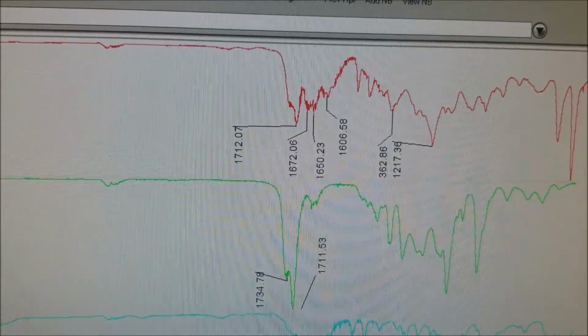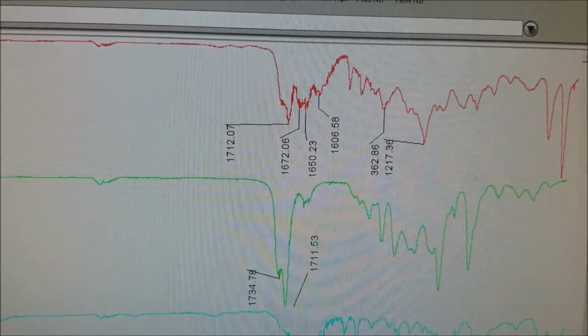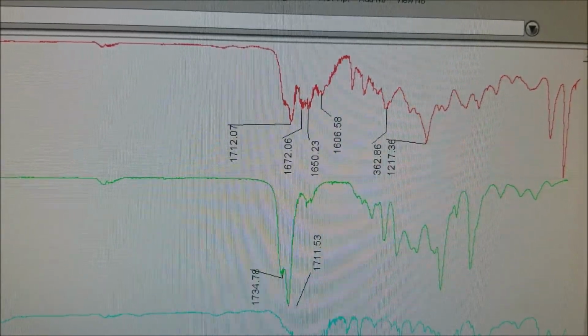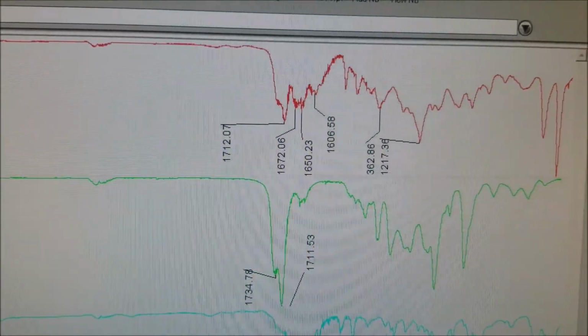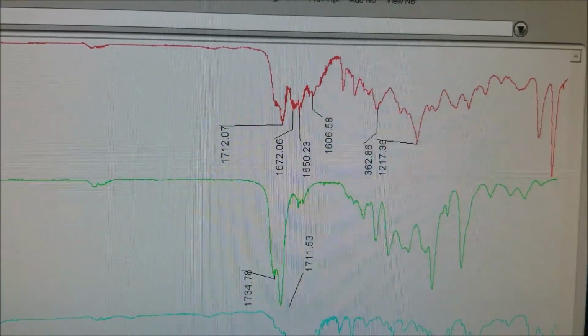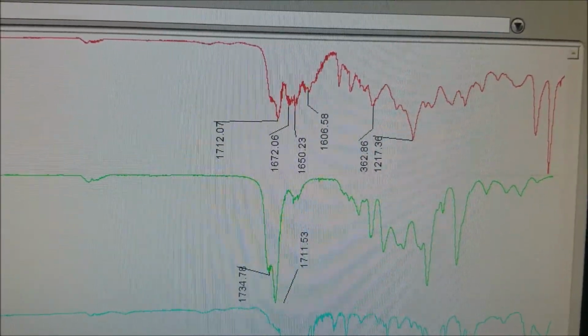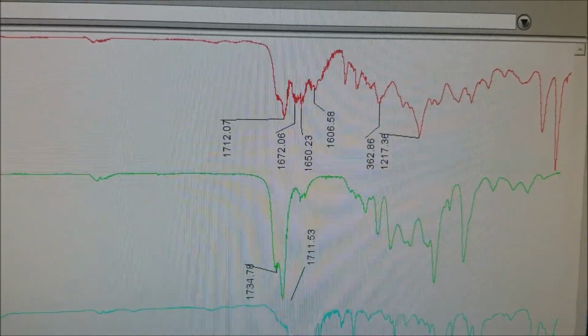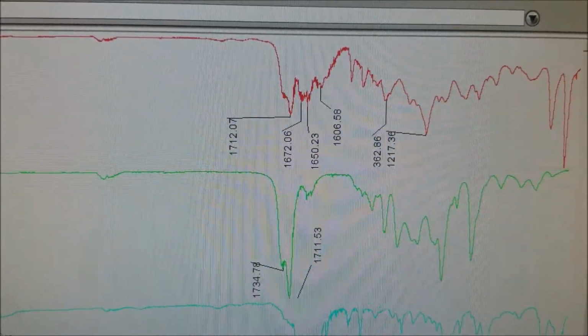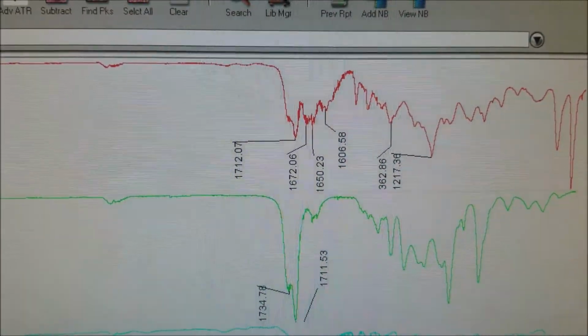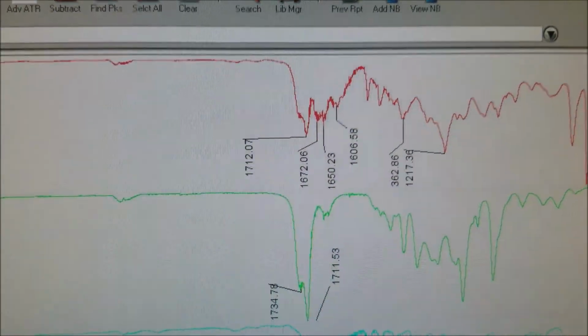In addition, we should expect a pretty strong C-O peak as part of the ester between the 1300 and 1000 region. And I think those at 1362 and 1217 are probably associated with that.